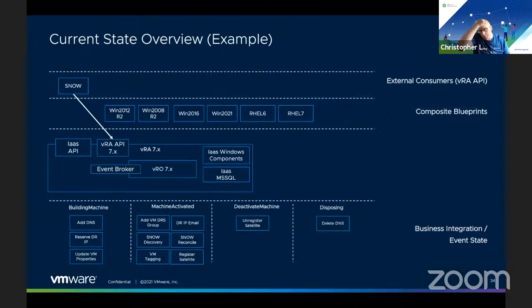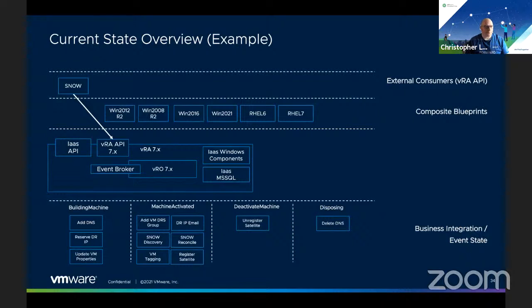And this is an example from a customer. So this was a blueprint and the events around that blueprint. They had ServiceNow as their front-end portal. We still support that in 8, being able to put the catalog in ServiceNow. They had a number of different composite blueprints with different individual deployments. So 2012, 2008, 2016.